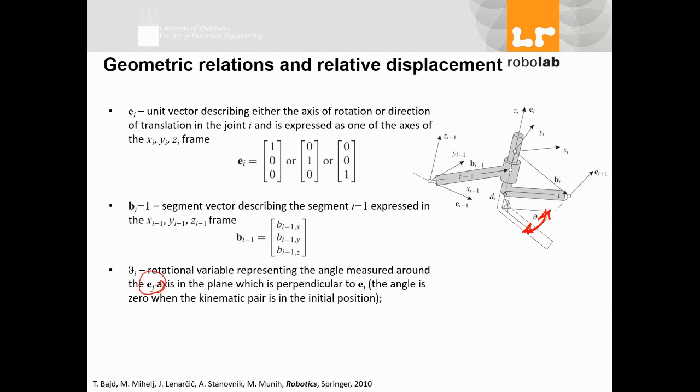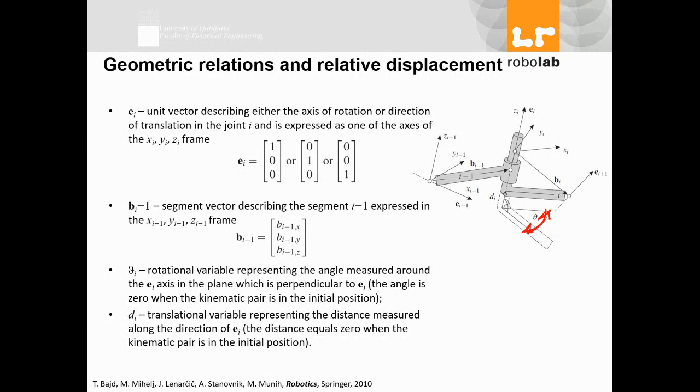So if I have E, my rotation will be around E. Okay, to make it super clear, easy: the axis is in the plane which is perpendicular to E.